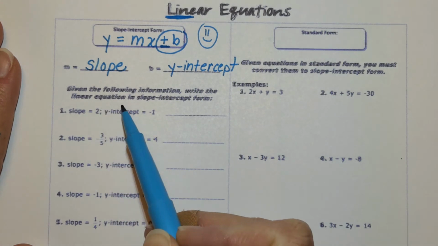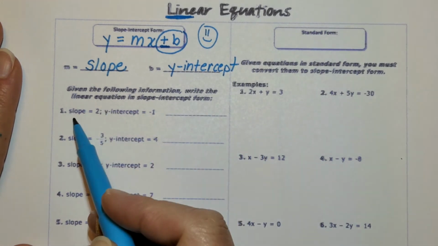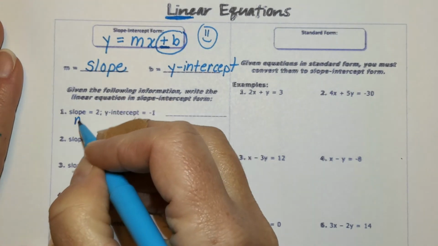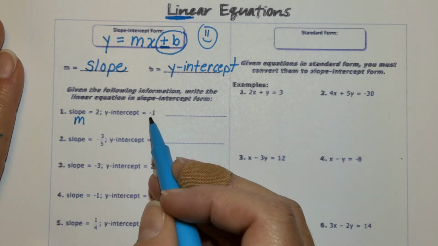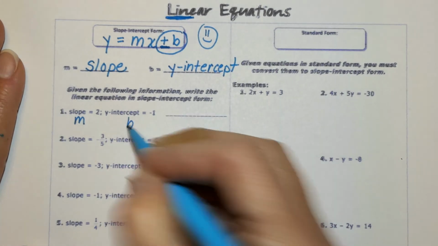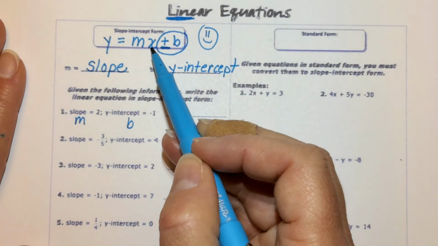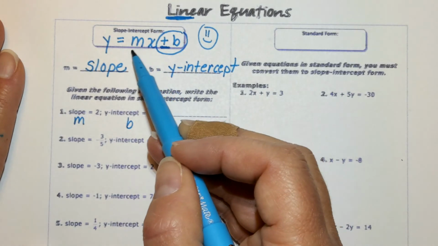So let's practice with slope-intercept form. The directions say, given the following information, write the linear equation in slope-intercept form. They give us the slope, which is 2. So that's going to be our m. And they give us a y-intercept value of -1.